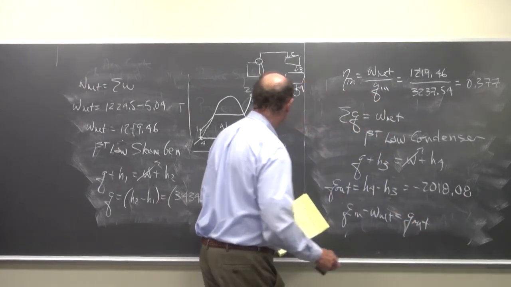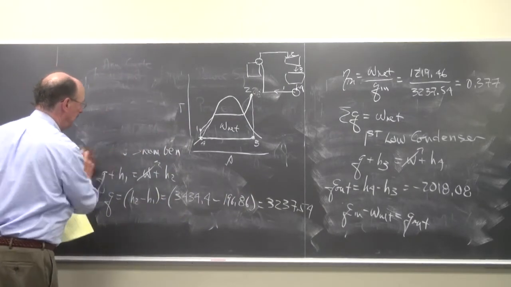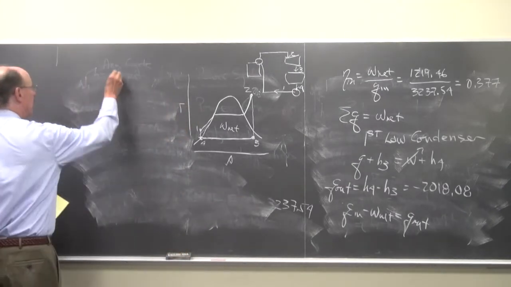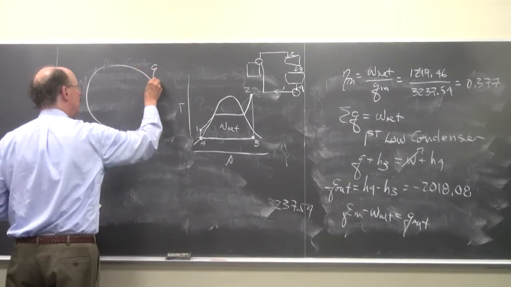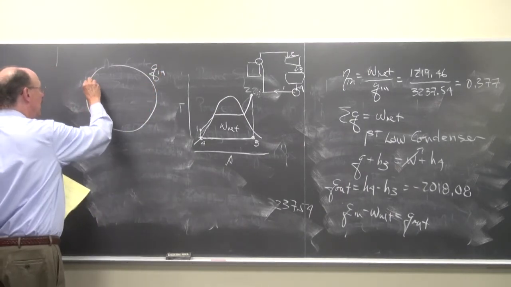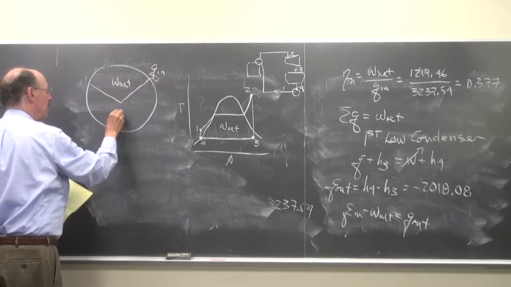And if we go back and look at a circle, not a pie chart really, but I do the circle and this represents Q in. If this represented Q in, about a third was W net, and the rest was Q out.